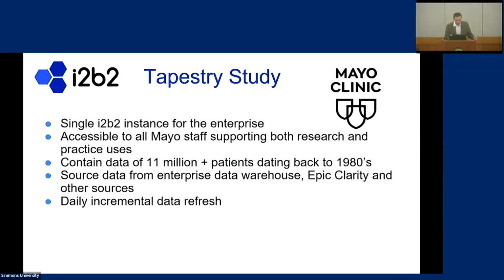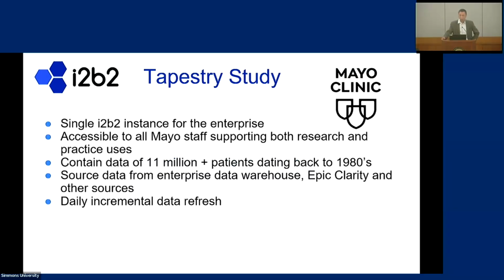Let me see. Okay. All right, maybe I'll first talk a little bit about our I2B2 instance at Mayo Clinic. We have a single instance for the entire Mayo enterprise, which comprises the 3 major sites and probably 50 different small clinic hospitals that we call the Mayo Clinic Health System.